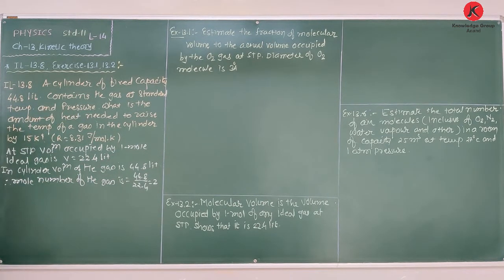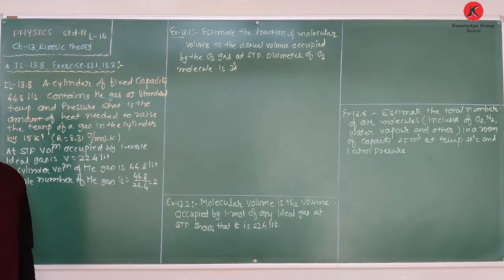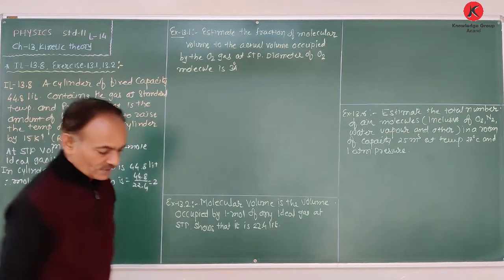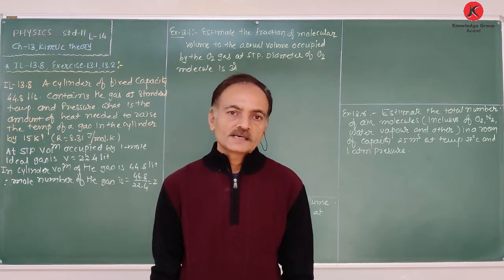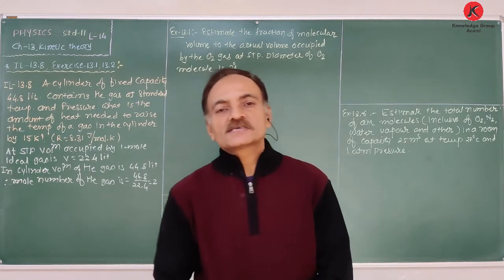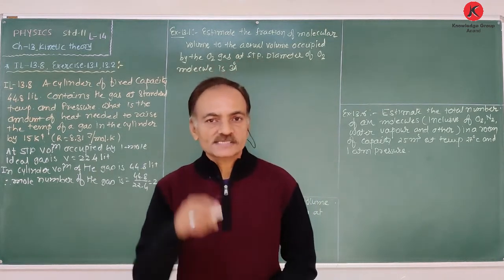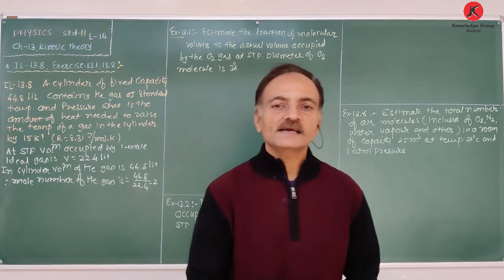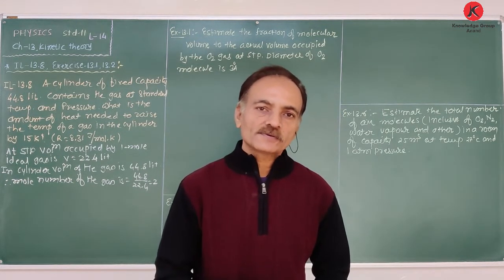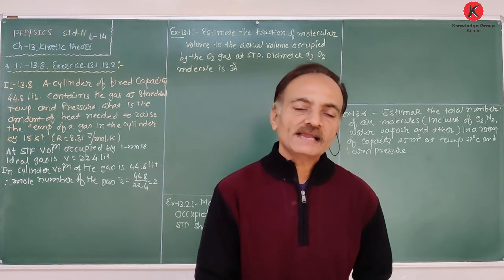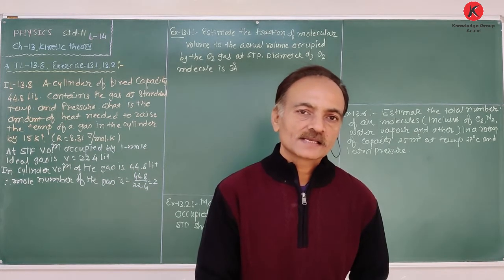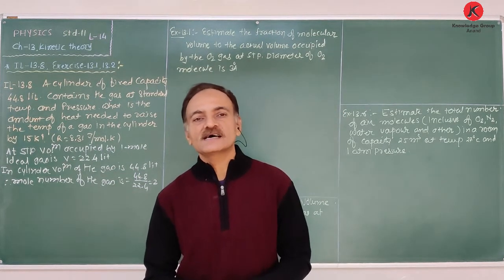Now we have to find out how much heat is required to raise the temperature of the helium gas in the cylinder by 15 degrees centigrade. Therefore, we have the equation of the molar specific heat at constant volume. According to the definition of CV, the molar specific heat at constant volume, the amount of heat required to raise the temperature of 1 mole of gas by 1 Kelvin or 1 degree centigrade, whatever that amount of heat is, is known as CV.